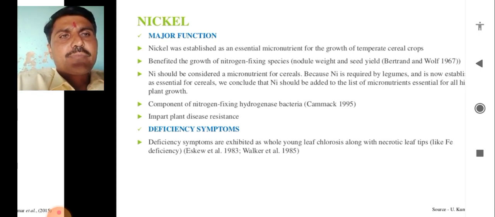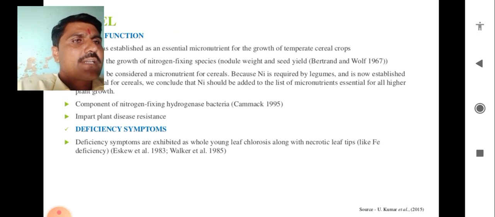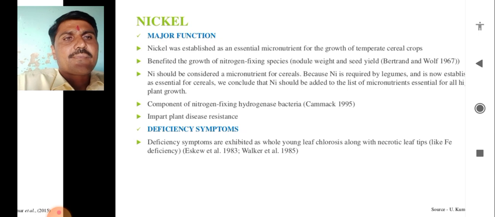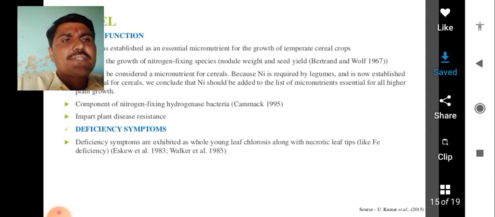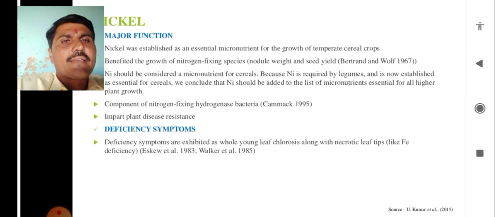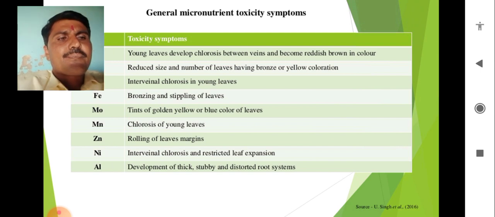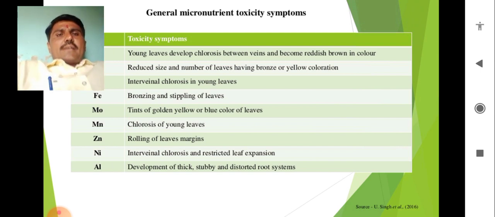Nickel should be considered a micronutrient for cereals because it is required by legumes and is now established as essential for cereals. We conclude that nickel should be added to the list of micronutrients essential for higher plant growth. So these micronutrients are required for the growth of plants.